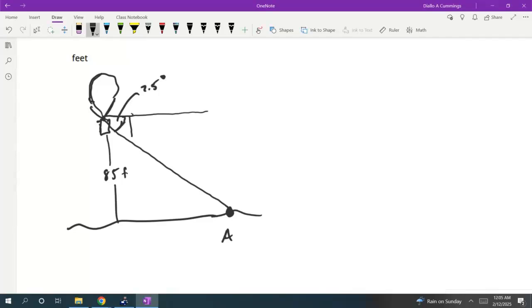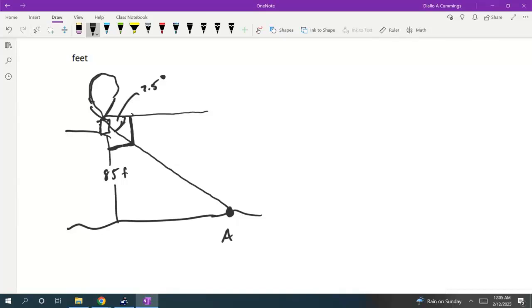This is a right triangle. So notice that there is 90 degrees in a right triangle. Within that right triangle, we have two angles. This angle is 7.5 degrees.